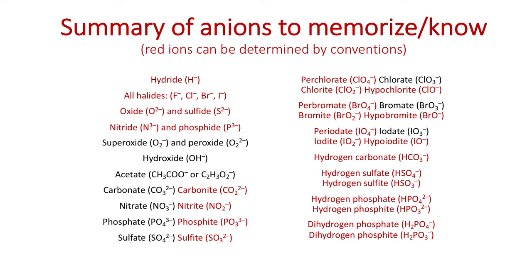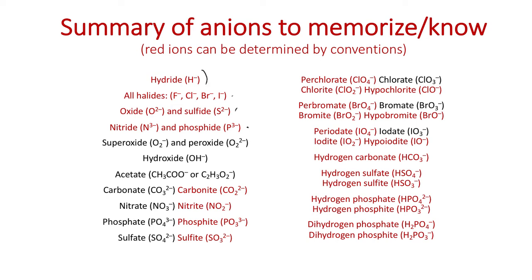The key is that the red font are the ions that we should know how to name by convention, but not necessarily through direct memorization. Like all the halides have a minus charge. We know that from periodic table placement. And we know oxide, sulfide, the oxygen group, 2 minus. We know the nitrogen group would be 3 minus in terms of their common ions. So we can know the charge of those just by knowing how to use a periodic table.